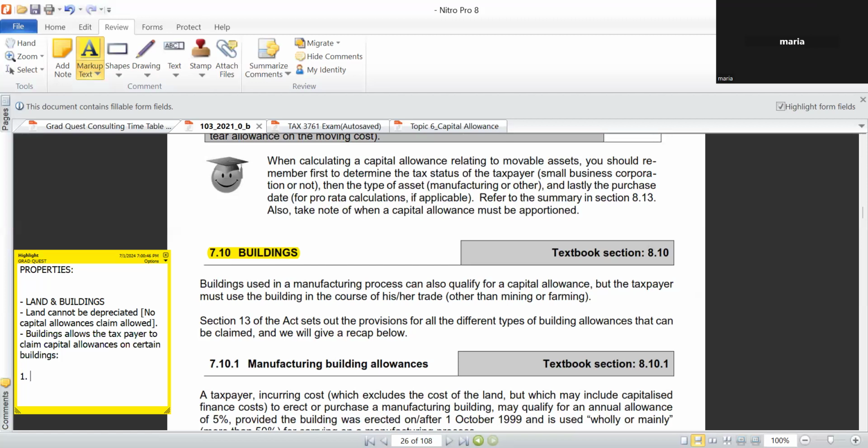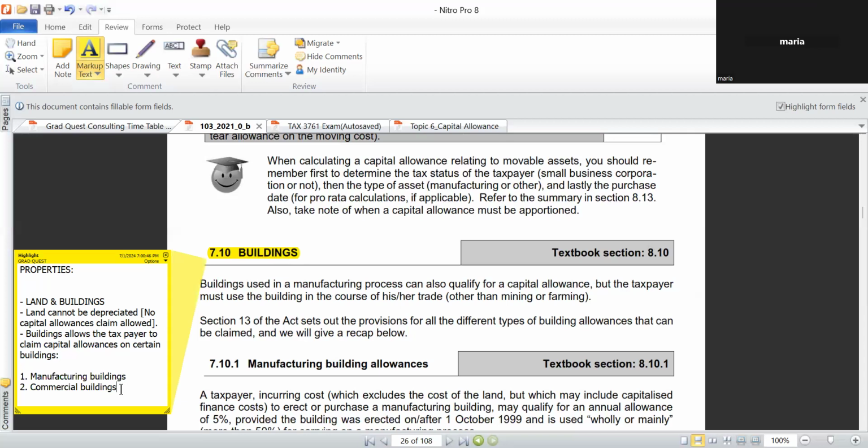Number one, manufacturing buildings. Number two, what they call commercial buildings. Manufacturing buildings are one and the same thing as buildings that are used for production purposes. That's your manufacturing buildings.